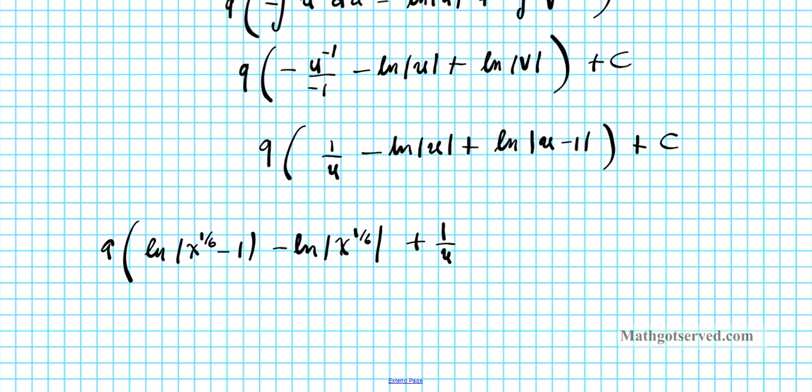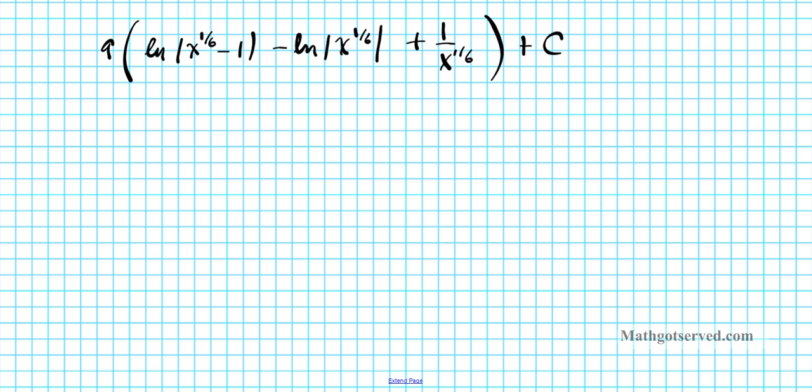Since we want to put it back as it was, instead of u, I'm going to use x to the 1/6, and that whole business plus c. We don't even need the absolute value bars because if you raise something to the 1/6, it works out nicely.